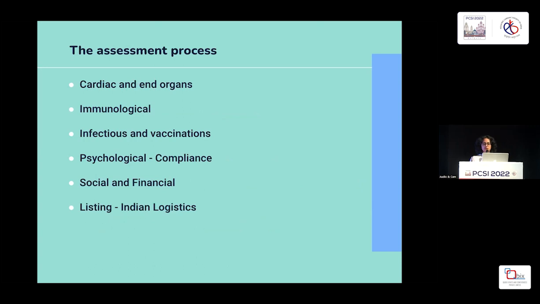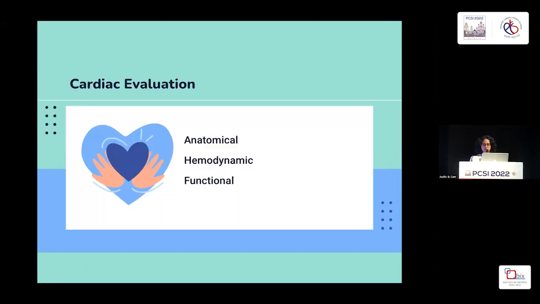So now let's come to the transplant process. It can be categorized into organ functioning, immunological assessment, infections and vaccinations, psychological assessment of compliance, social and financial logistics, and definitely the listing process in India.